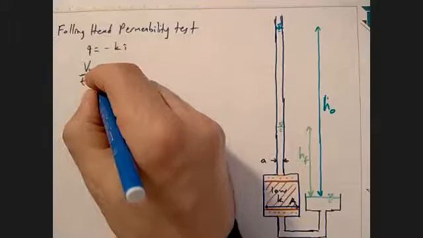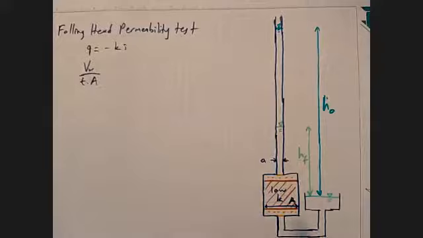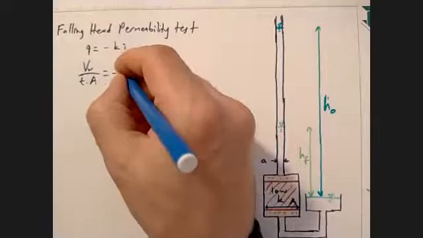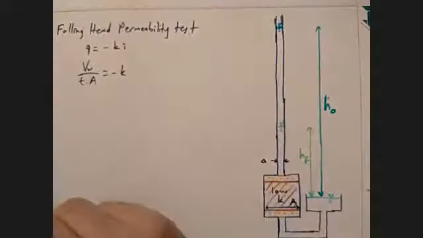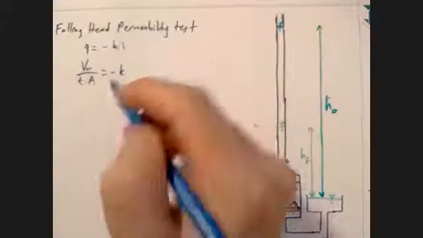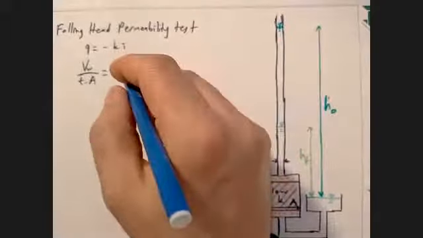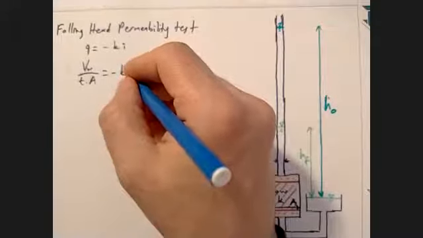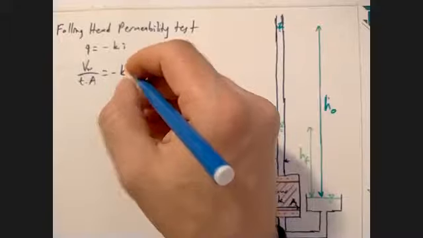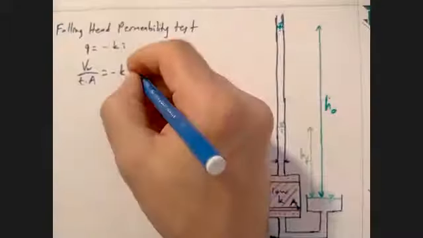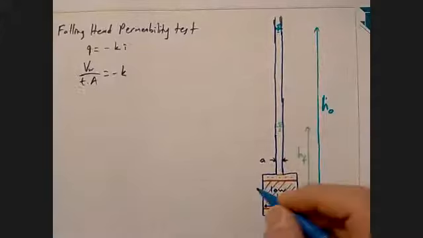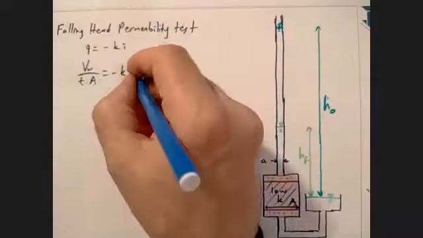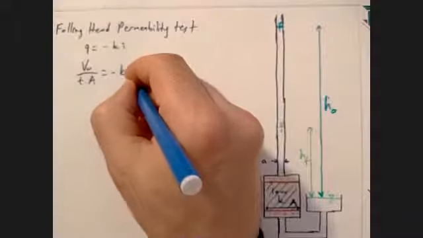Divide that by the area of soil. So that's my flux, equal to minus K times i, and i here is H over L. Here's my L. So it's going to be H over L.